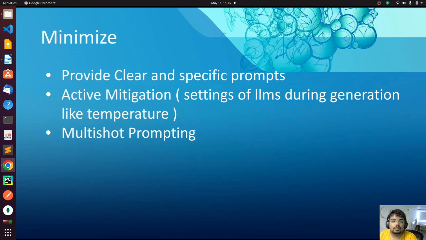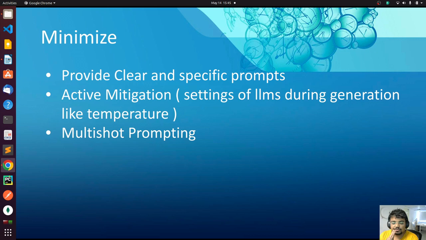Now, how do we minimize hallucinations for LLMs? You could provide clear input instructions to the LLM, which will help it give you a proper result, and then set some parameters accordingly.